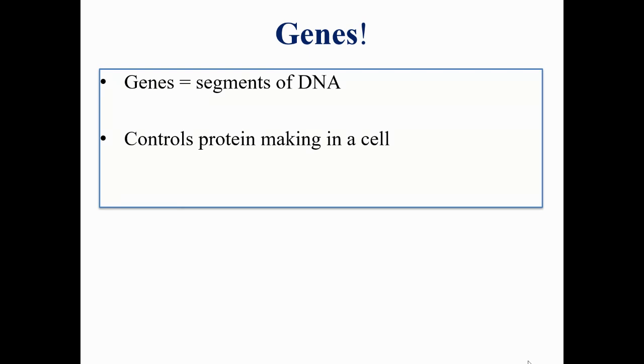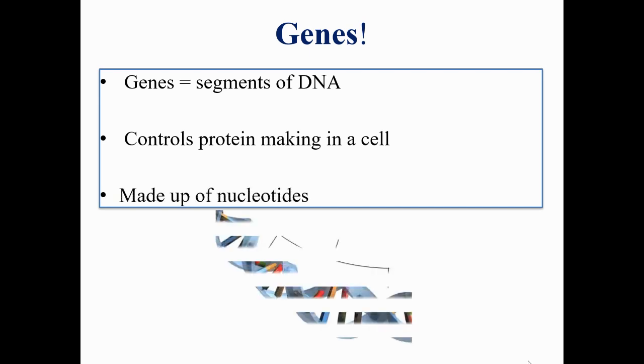So when we did that whole transcription translation last assignment, transcription was going from DNA to mRNA. mRNA would take that message out of the cell and find a ribosome, and then that ribosome would take that message and make a protein. So genes are that message that was coded by mRNA and taken to the ribosome. They're made up of nucleotides, like we said.